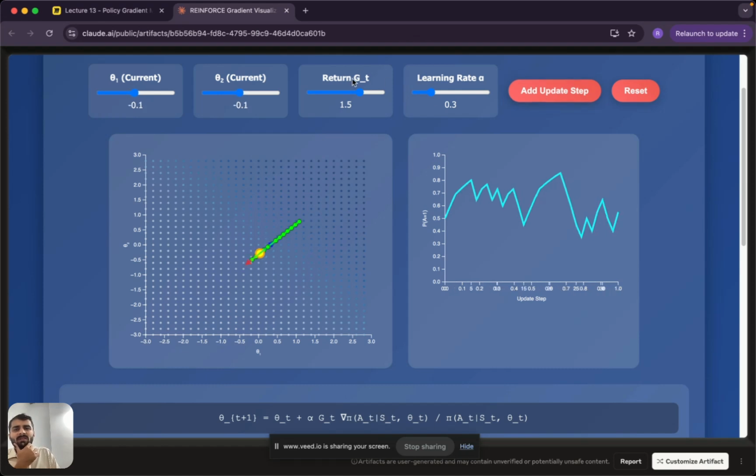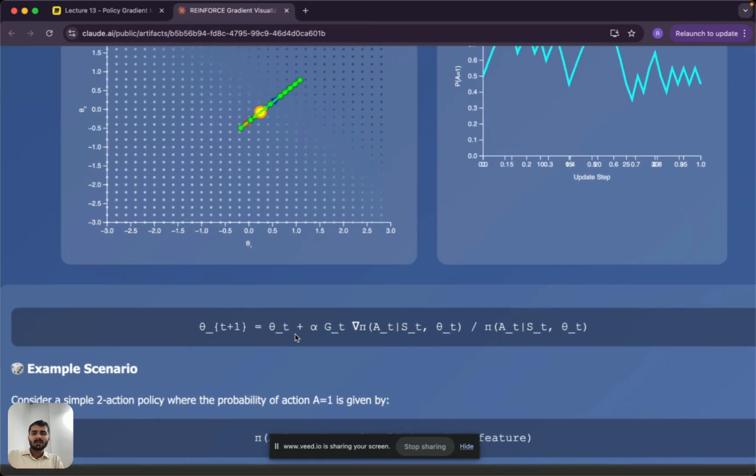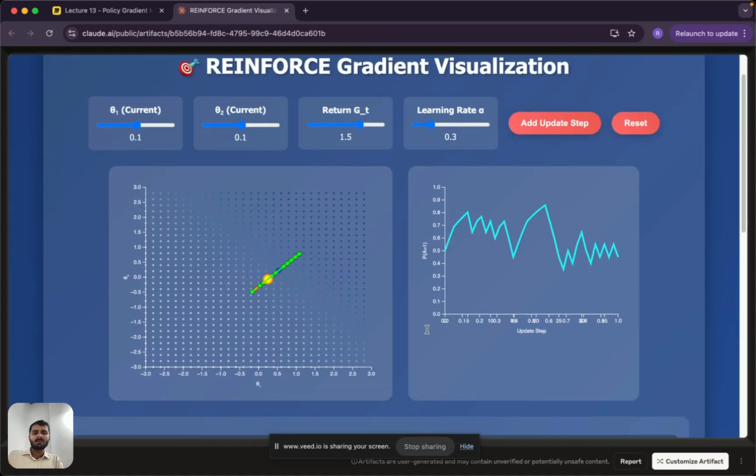Here we have fixed a g of t, but in reality the g of t is different for every step. So basically, the way theta is updated is theta t plus 1 is equal to theta t plus alpha times g of t grad pi divided by pi, which is exactly what we looked at before.